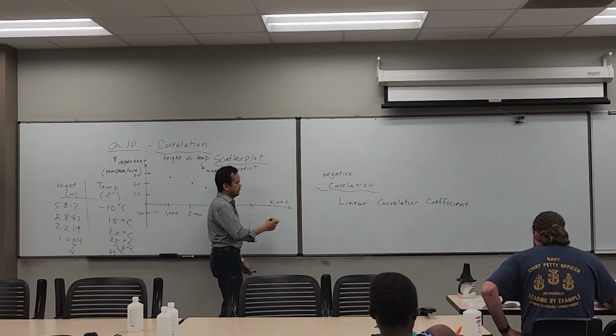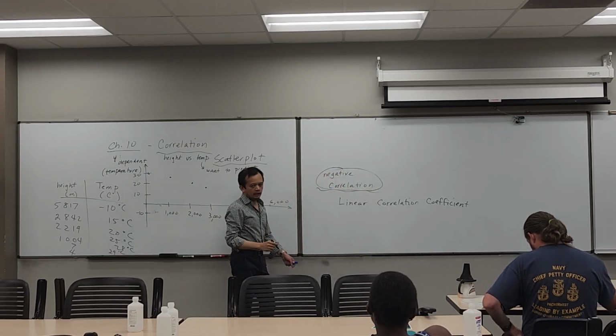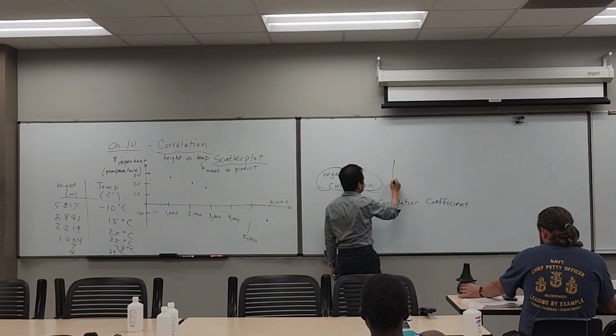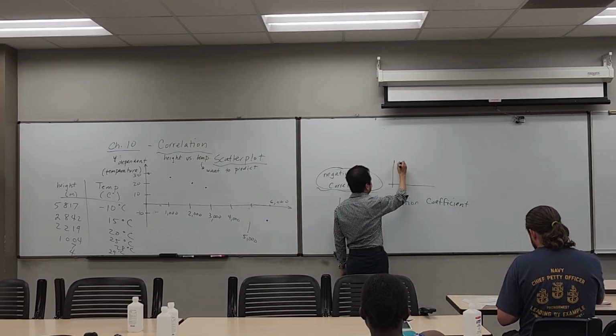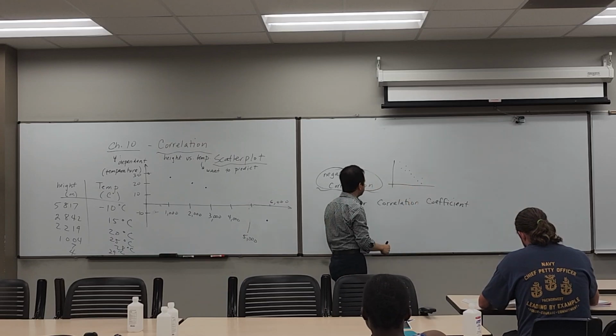So you notice that when we say there's negative correlation between the two variables, we're just saying that as one increases, the other decreases. So it could look like this, like in the original scatter plot.